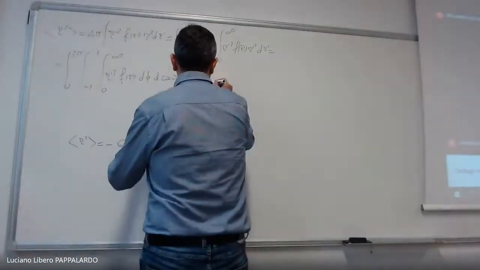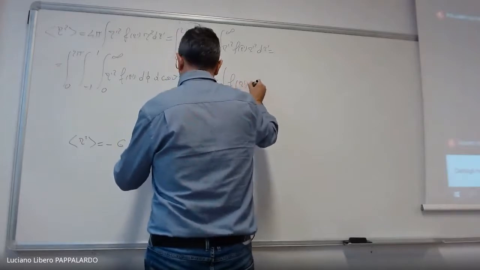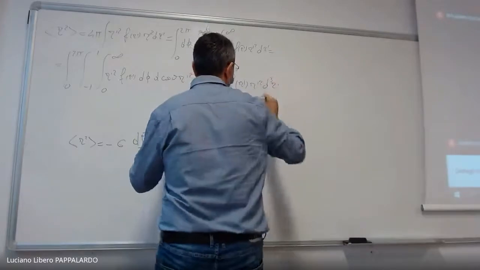This we can now write back in the compact way as the integral of f(r') r' squared d cubed r'.